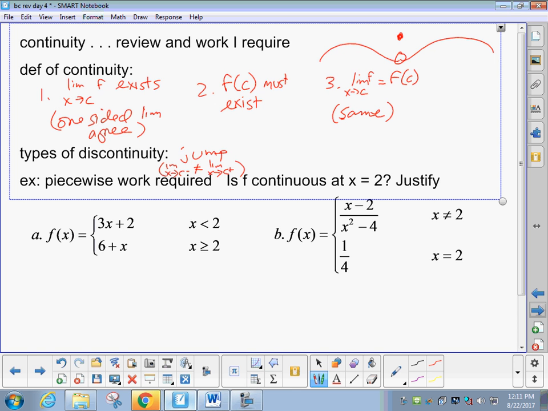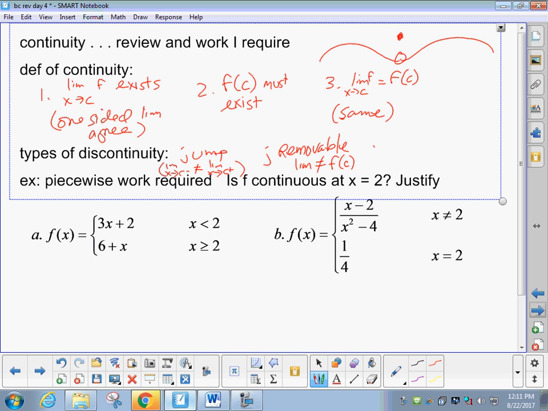Other. The word for a hole? Hole is nice, but that's not the math word for it. It's called removable. Removable. If you were to describe removable analytically, it's that the limit is not equal to the point.